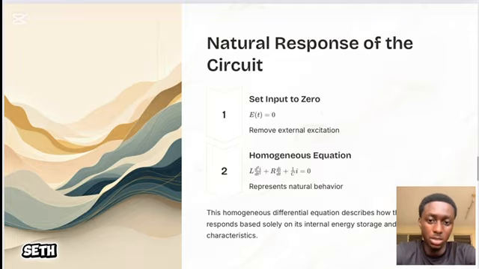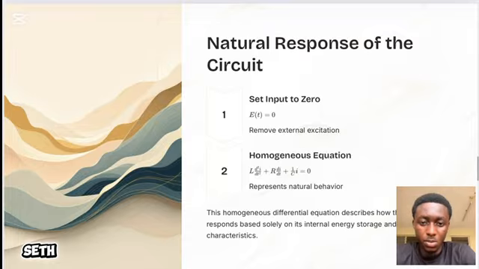In system dynamics, we compare these results to the standard second order form, which is s squared plus 2 zeta omega n s plus omega n squared equals 0. By comparing the coefficients of these two equations, we can directly identify two critical parameters for our circuit: the natural frequency, omega n, and the damping ratio, zeta.